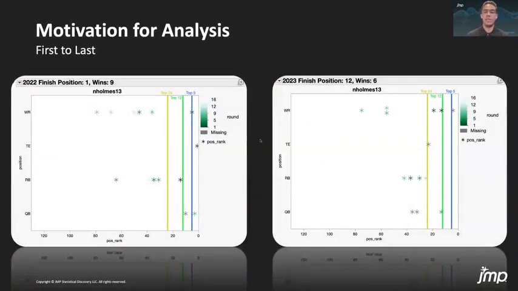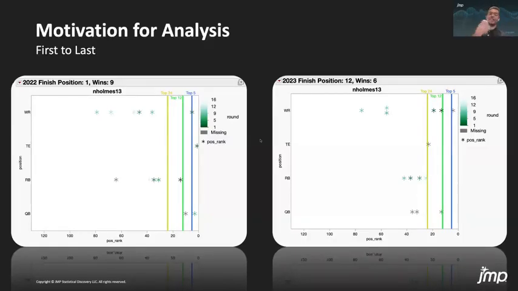So before we jump into the analysis, I want to give you some motivation for the analysis, as I sort of previewed earlier. In 2022, I finished first in my league, while in 2023, I unfortunately finished last. So I'm looking for some sort of predictability in outcomes here.